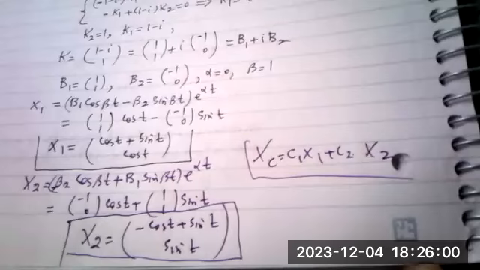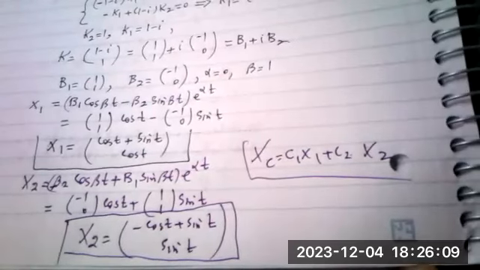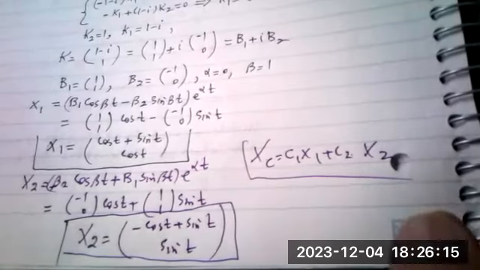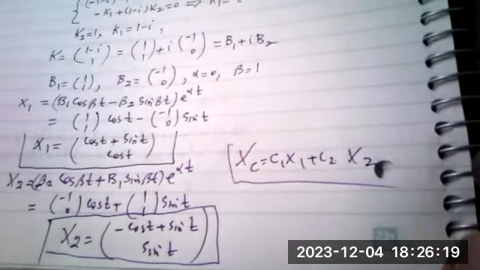Now we have to get the xp, the particular solution. So we check the function that we have. The function is a constant function, so we are going to use undetermined coefficients.